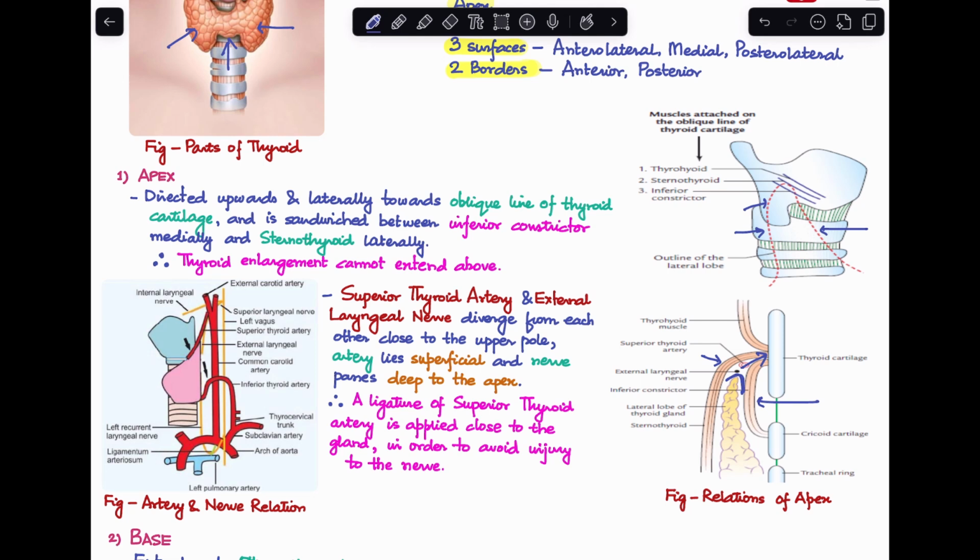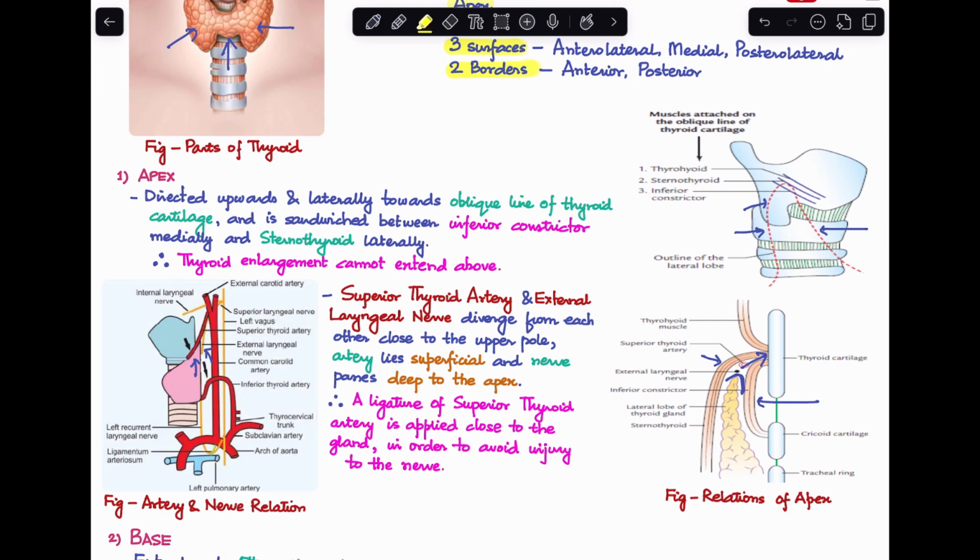The artery lies superficial and the nerve lies deep to the apex. So, if you see in the image over here, this is the superior thyroid artery and this is the external laryngeal nerve. Both of them are related to the apex of the lateral lobe of the thyroid gland.